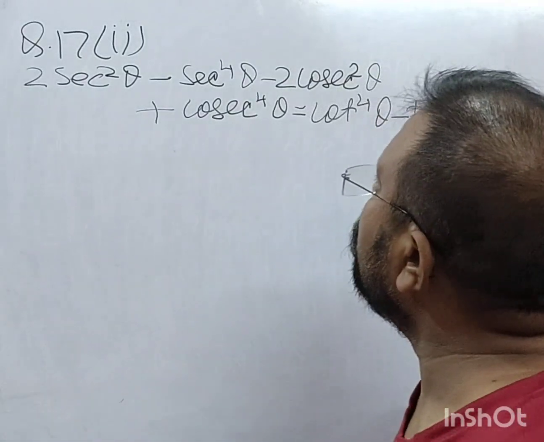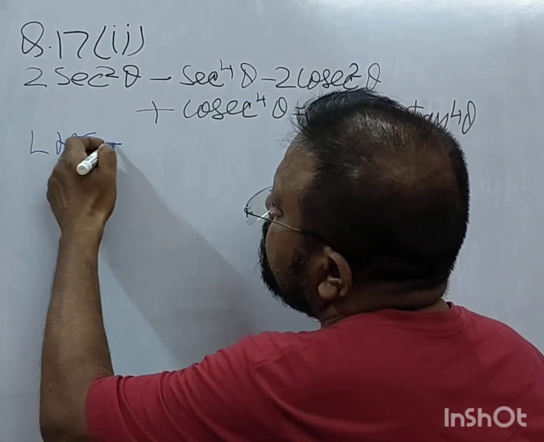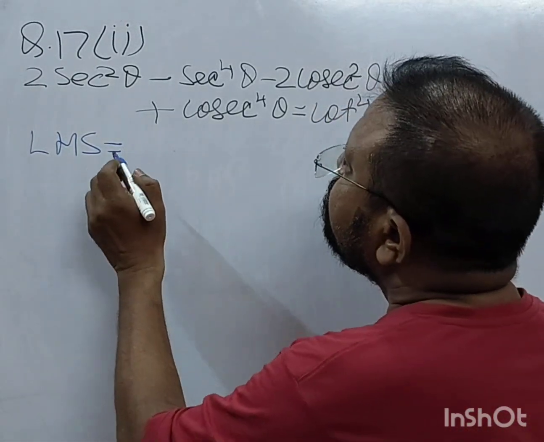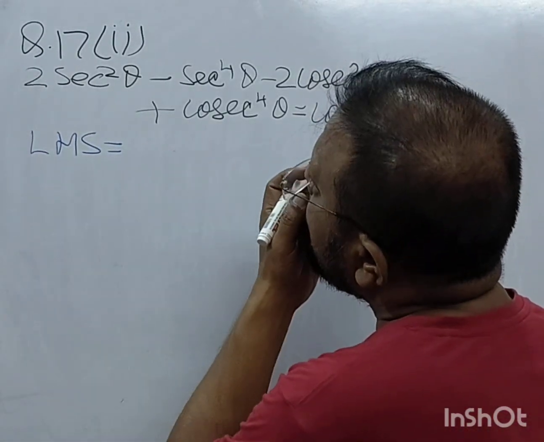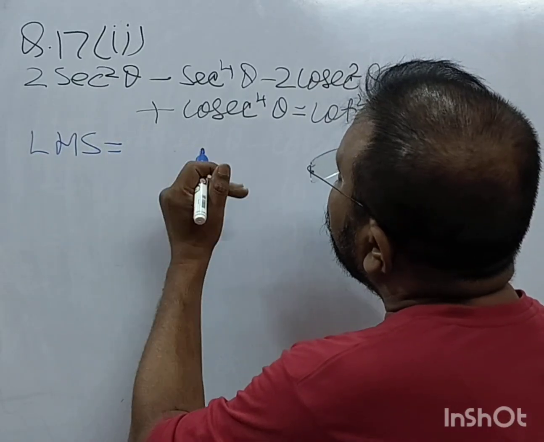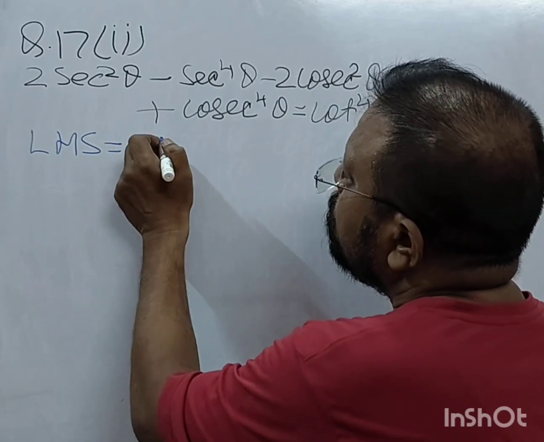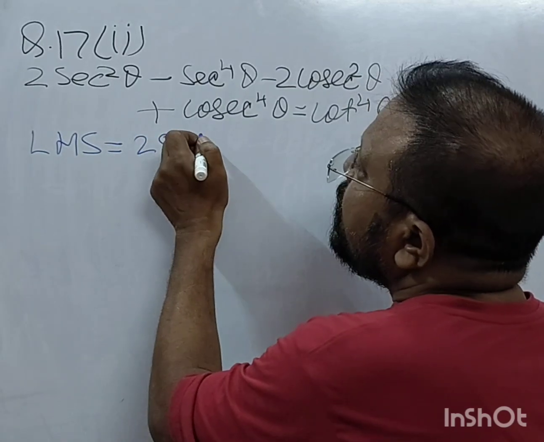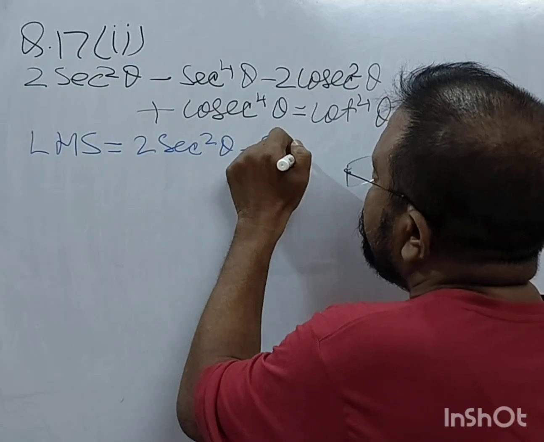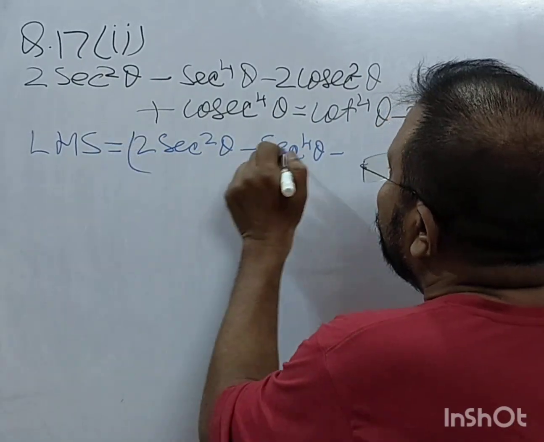So when we go for LHS it is like this. Then 2 sec square theta minus sec raised to the power 4 theta, right?